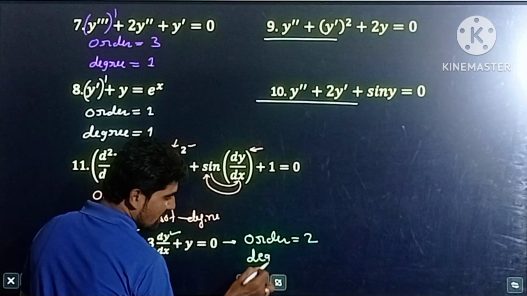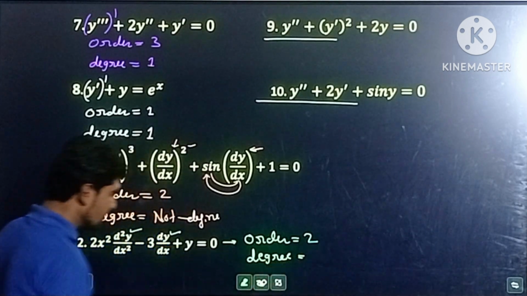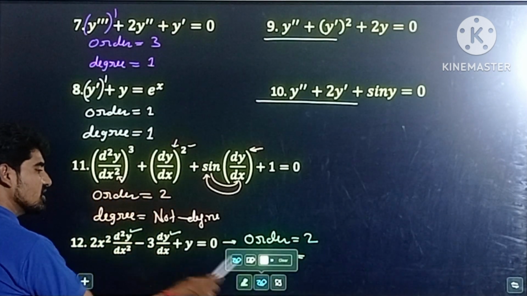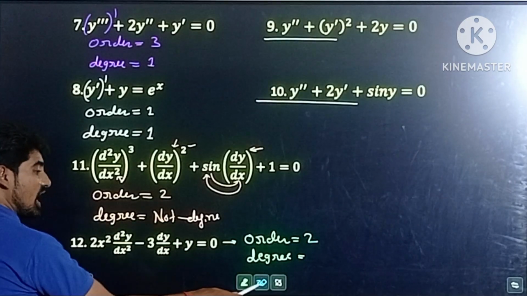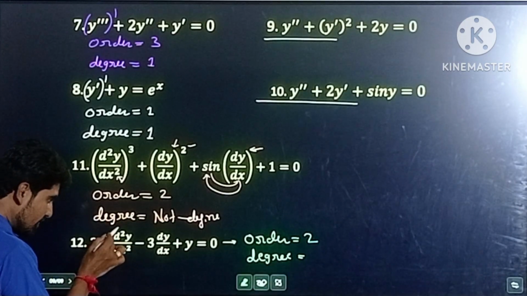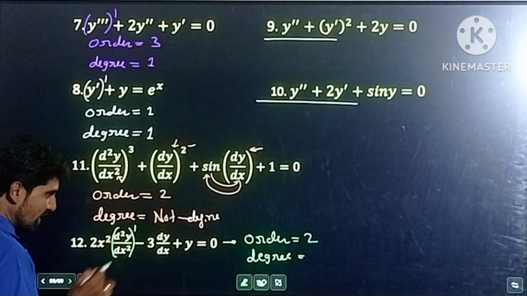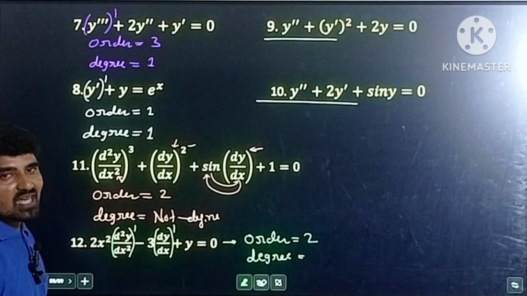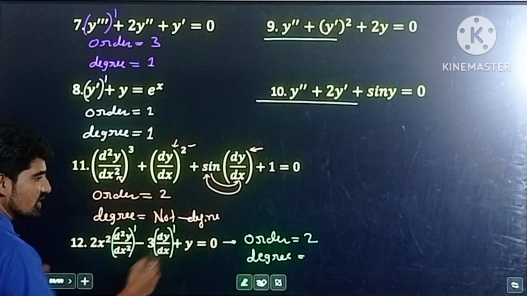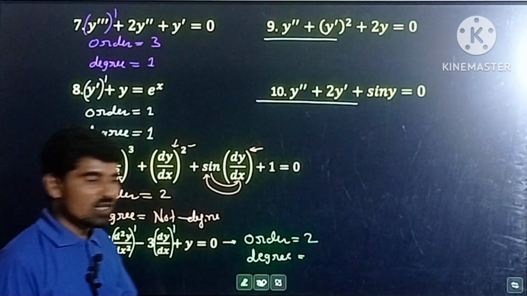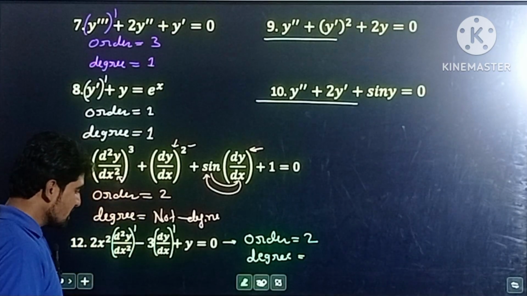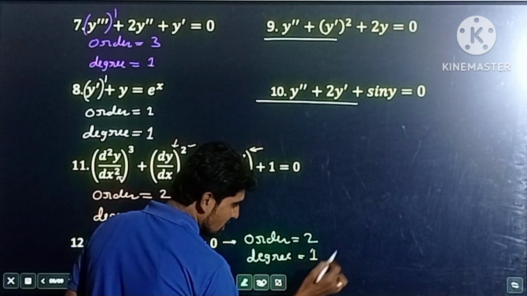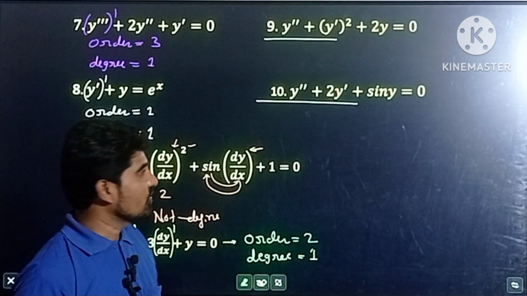And degree, observe here, first order derivative and second order derivatives both are not attached with any other functions, and the power of this second order derivative is 1 and power of first order derivative is also 1. So both are non-negative integers. Therefore this differential equation is polynomial in derivative. Therefore degree of this differential equation, power of the highest order derivative 1, and hence its degree is 1. I hope all of you understood.